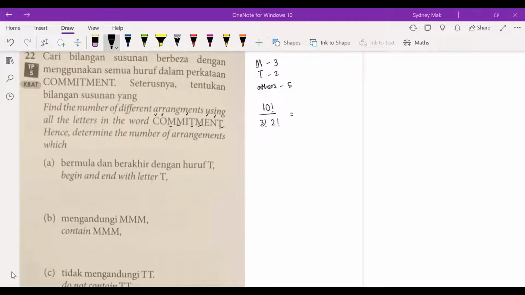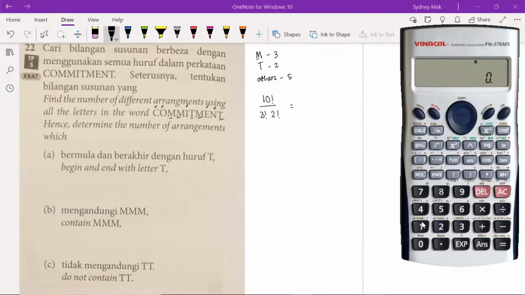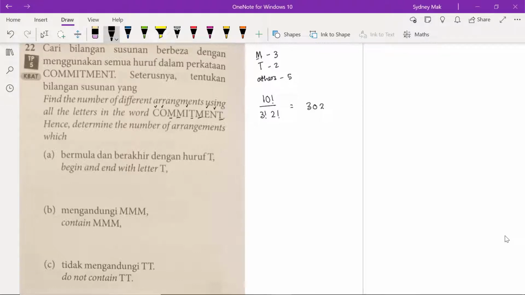Let's get the answer from the calculator. 10 factorial divided by the product of 3 factorial and 2 factorial. Okay, so we have the answer 302,400. 302,400 ways to arrange the word commitment.